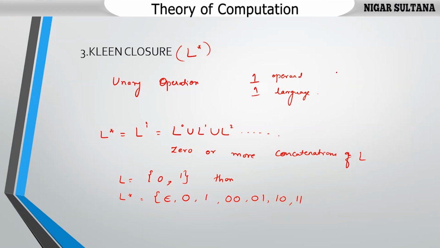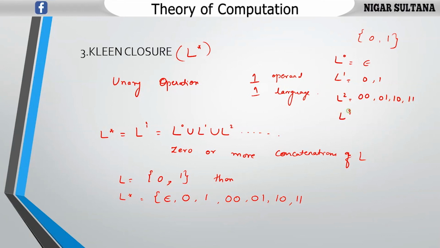So I can define it like this. From the language 0, 1, what can be the strings of length 0? Nothing, empty. Next, L1. The strings of length 1 are 0 as well as 1. Then L2 represents length 2, that can be 0 0, 0 1, 1 0, 1 1.